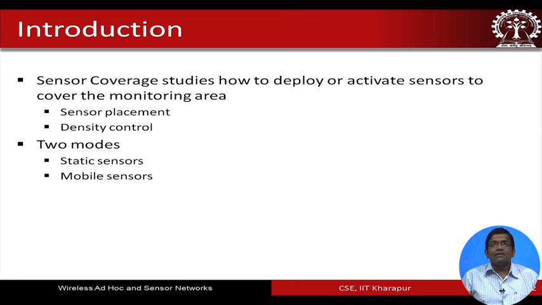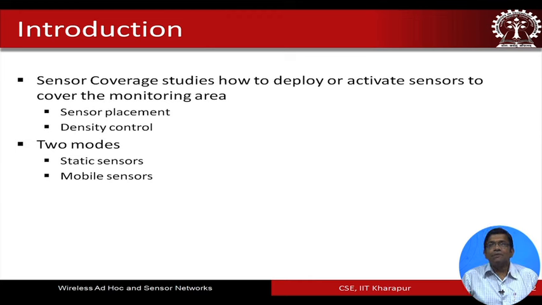The sensor coverage studies how to deploy or how to activate the sensors to cover the monitoring area in terms of sensor placement and density control. Density control means how the sensors are going to be placed so that at one place you do not have too many sensors, whereas at another place you have very few.